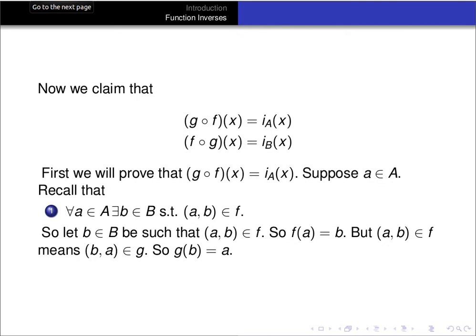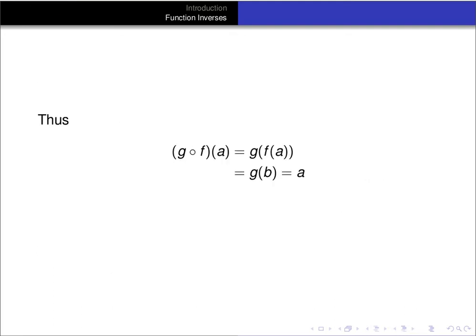All right. So we know that F of a is equal to b. We picked an a. We found a b in B so that F of a is equal to b. We know since (a, b) is in F, (b, a) is in G, so that means G of b is equal to a. And then of course that means that G composed with F of a is G of F of a. F of a is b, so that's G of b, and G of b is a.